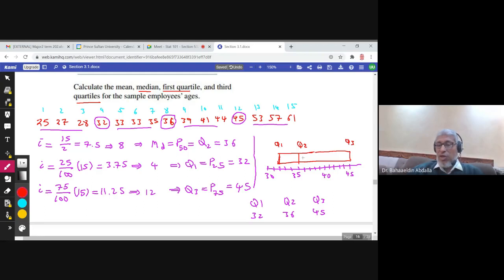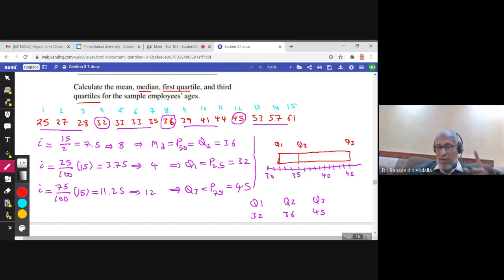So notice something important. Q2 is not in the middle between Q1 and Q3. It's not necessarily in the middle. It could be to the right, it could be to the left, it could be in the middle, and this would give you something about the distribution of the data. We'll talk about it later. But this is an important point.